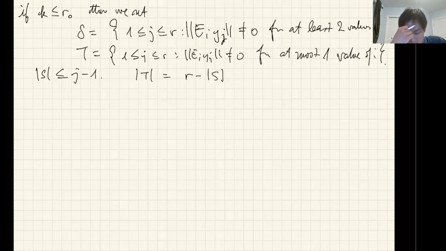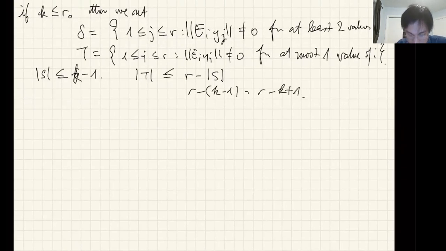It's r minus k plus 1 because T becomes small when S is big, and the biggest S can be is k minus 1, right? So it's r minus (k minus 1), which equals r minus k plus 1. Okay.